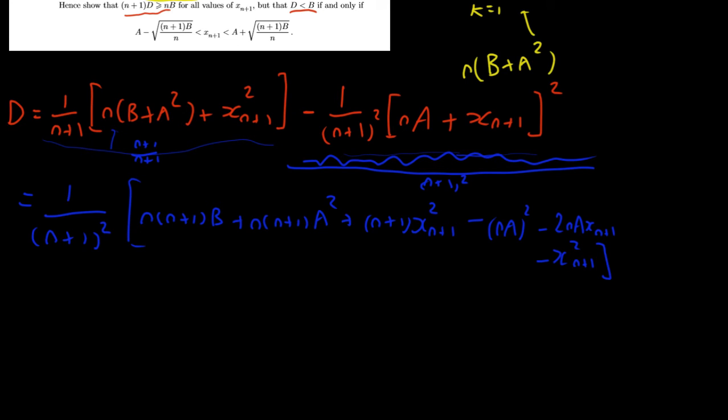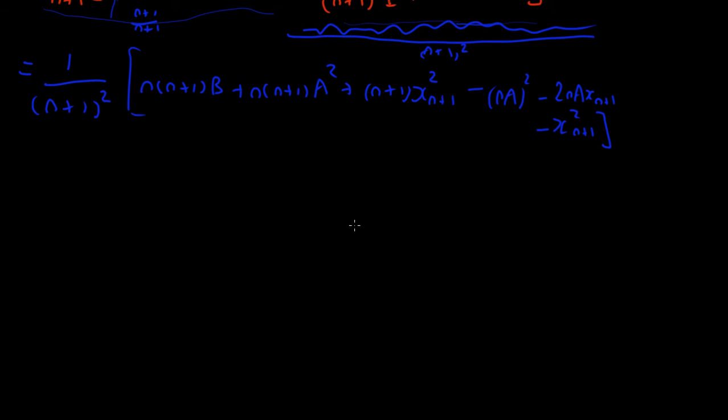Now, what's going to happen now is with this mess, we want to cancel it down a bit. Get something a bit nicer. So we see this is n plus 1 of those terms, and this is one of the terms. So that's going to cancel. We're just going to be left with n of those. Okay, so let me write that there. N xn plus 1 squared.